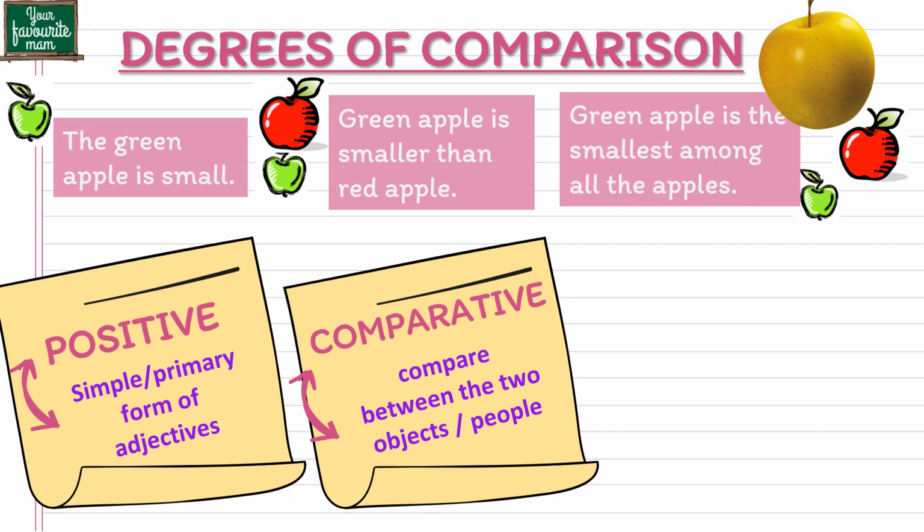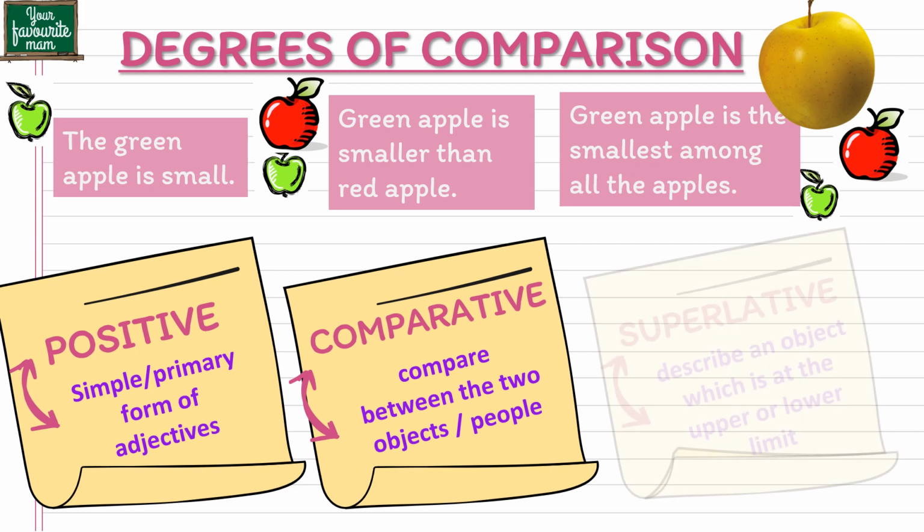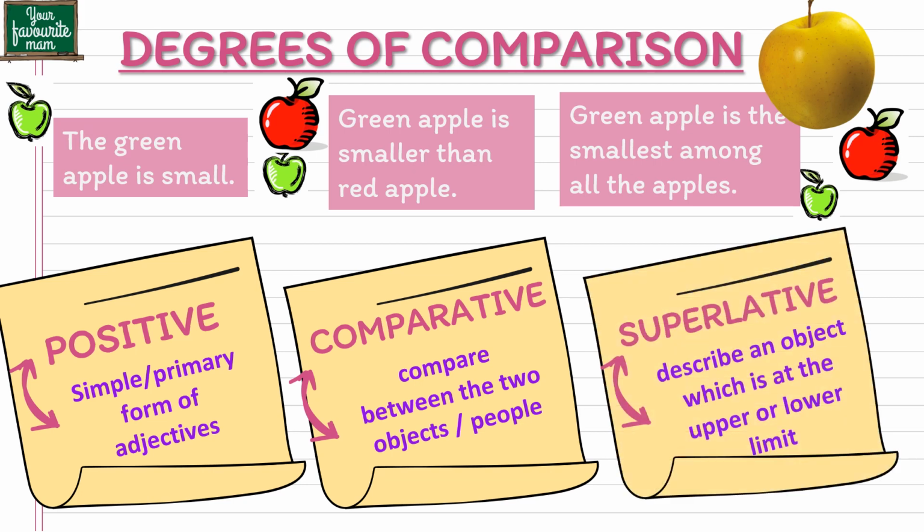And when I say the green apple is the smallest among all the apples, the smallest here is another form of the adjective small, and it is called the superlative degree of adjective, where it compares three or more persons or things. It describes an object which is at the upper or the lower limit. So whenever we have more than two, we use the superlative degree of adjective.